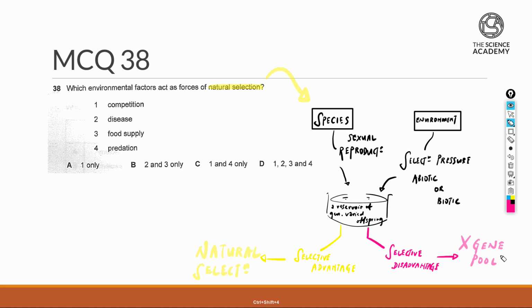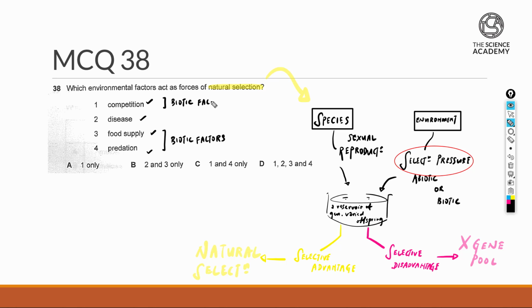So the question here, we're looking for factors that can really give rise to selection pressure changes. All this must have been inherited from the environment. So competition for nutrients, this is natural. Alright, disease, food supply and predation. You can see that food supply and predation are considered to be biotic factors. Competition by other organisms could also be considered a biotic factor.